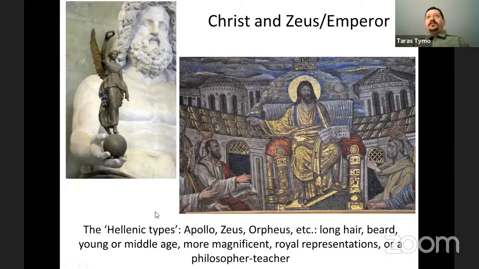And the perfect example of this mixture of iconography of Zeus and customary representations of Roman emperors is this image from the church of Santa Prassede in Rome, where Jesus is represented facially similar to Zeus.